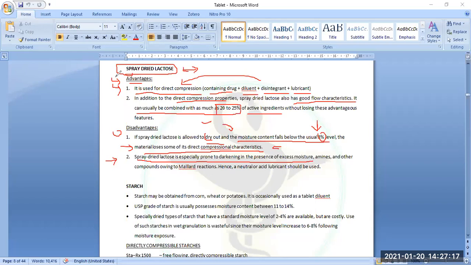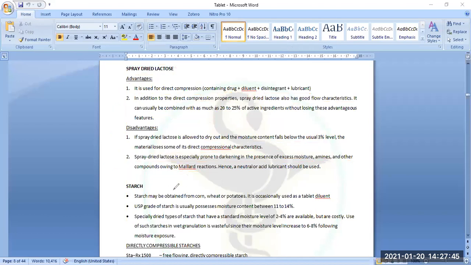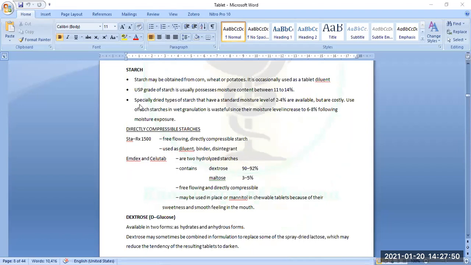During this process there may be a loss of moisture, and in the presence of excess moisture there may be darkening, in the presence of amine and other compounds, owing to the Maillard reaction. If you cannot perform good spray drying, it cannot produce good spray dried lactose, and there may be a Maillard reaction. But if you prepare a good spray dried lactose, it is good for tablet stability. Okay, so this is all about lactose.